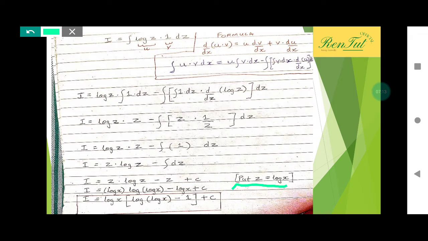So instead of z you will be putting log x. Wherever z is there, you will be putting log x. Here also z is there, you will be putting log x.